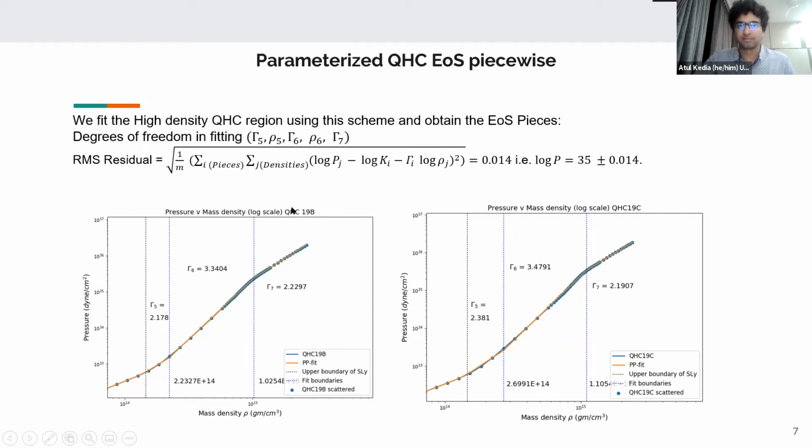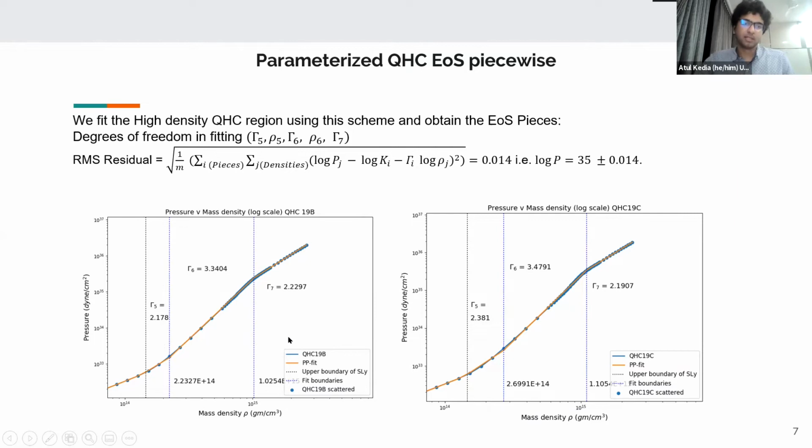In particular, left is for QHC19b, and right is for QHC19c. To find the best fitting parameters for making it piecewise polytropic, we of course let the gamma indices of the three pieces be degrees of freedom. So those are 3 degrees of freedom. And further, we also let the boundaries where the transition to a new piece happens also be a couple of degrees of freedom.